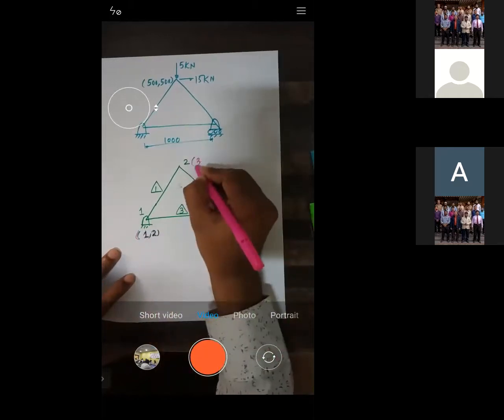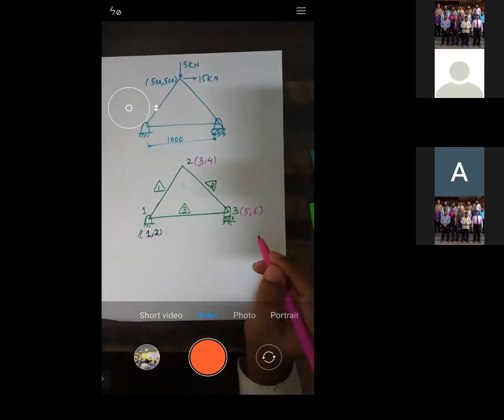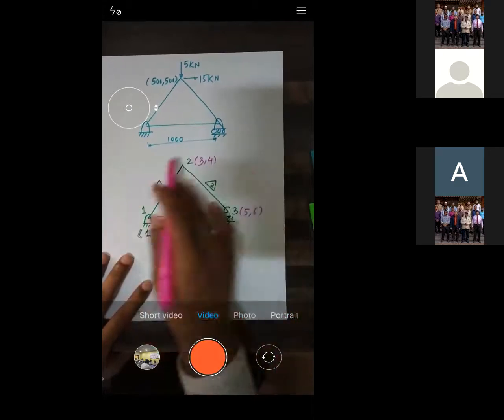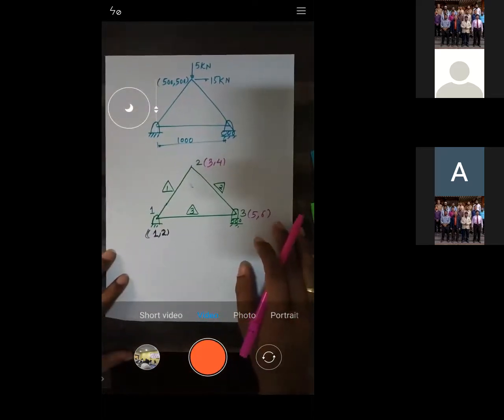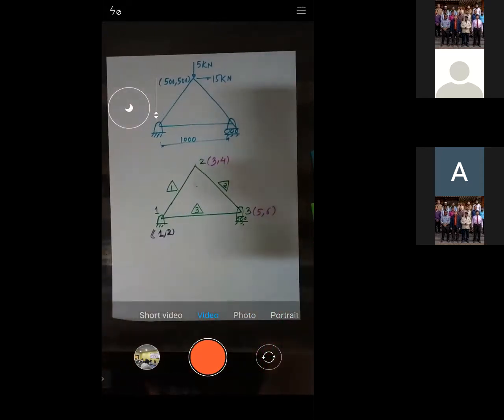For node number 2, this is 3 and 4, and for node number 3, this is 5 and 6. 1, 2, 3, 4, 5, and 6. Is there any doubt or difficulty you are facing with why it is numbered in this manner?